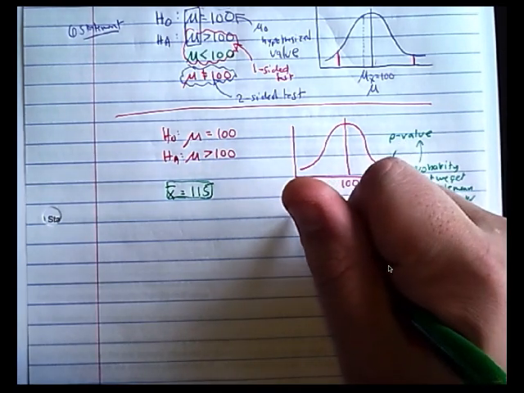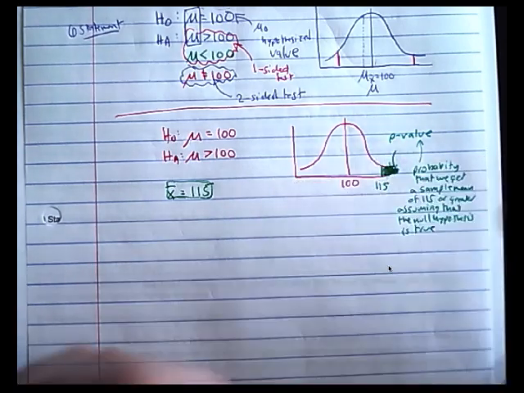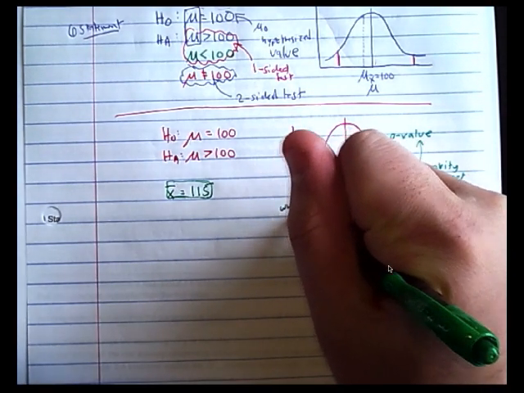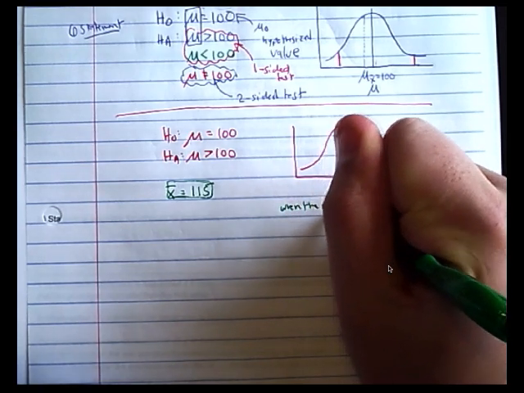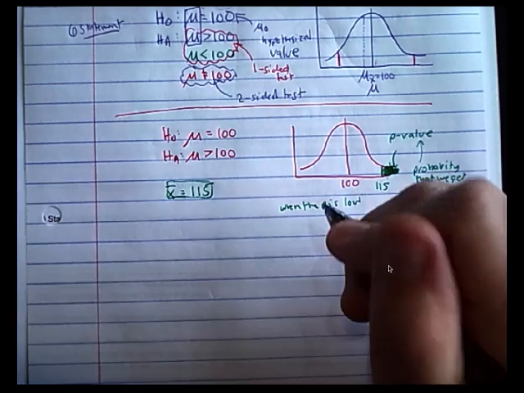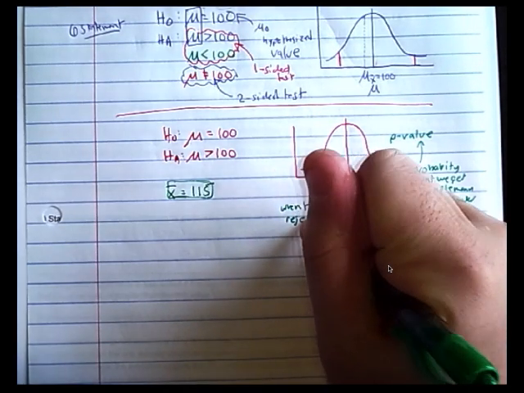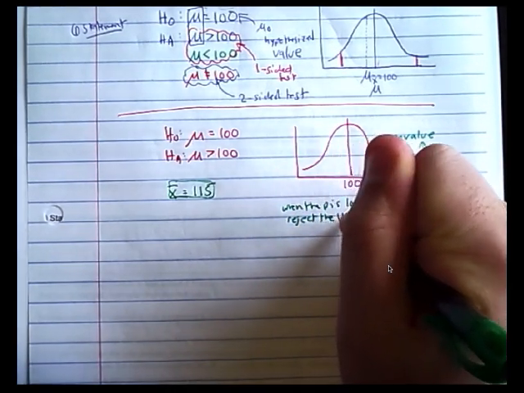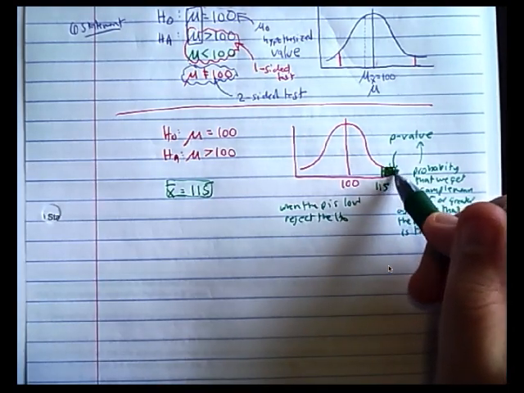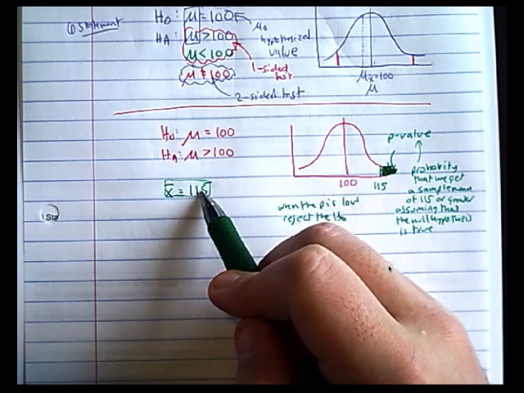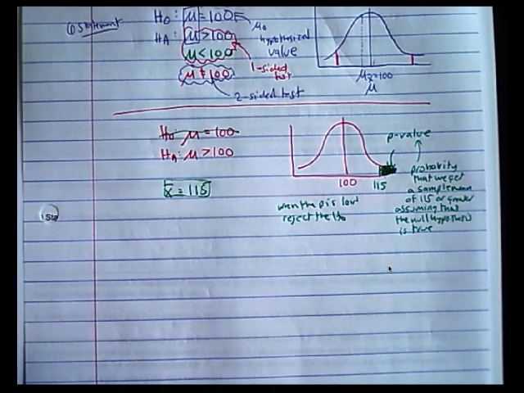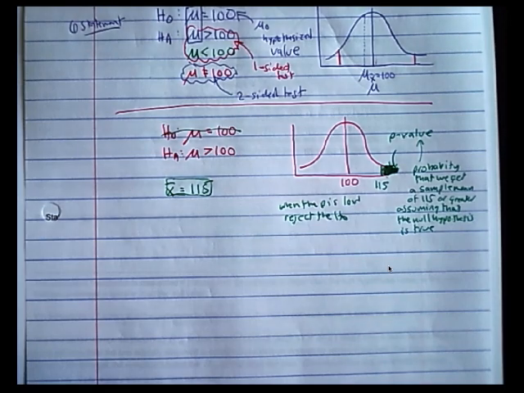There's kind of a saying in statistics, and it's not really politically correct, but we say when the p is low, we're talking about the p-value here, when the p is low, we reject the H0. If it's not very likely to occur, but it does, we no longer think that's true. So that's the whole point of a p-value.